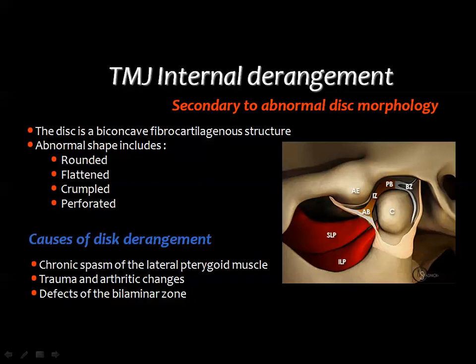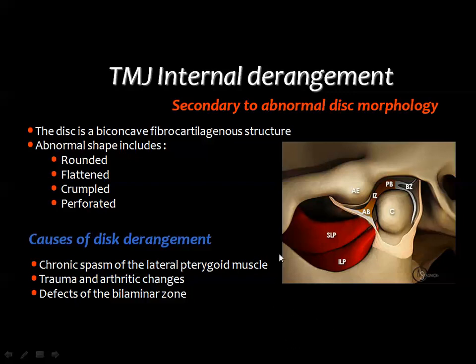Then the disc may be rounded, may be flattened, may be perforated, may be crumpled, and all these abnormal shapes will result in abnormal position of the disc and abnormal motion during the closed and open mouth views.